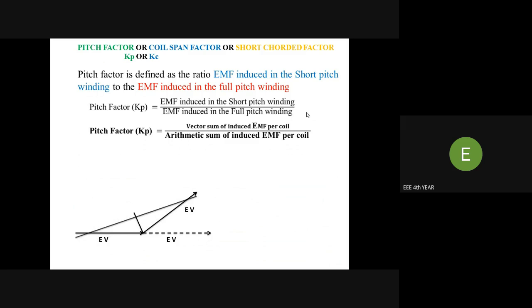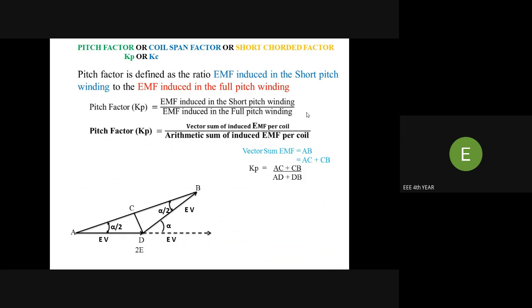From that phasor diagram, we can derive the formula for pitch factor. The vector sum of EMF equals AB, and AB is the vector AC plus the vector CB. So Kp equals AC plus CB divided by AD plus DP, the vector sum of induced EMF per coil divided by the arithmetic sum of induced EMF per coil.